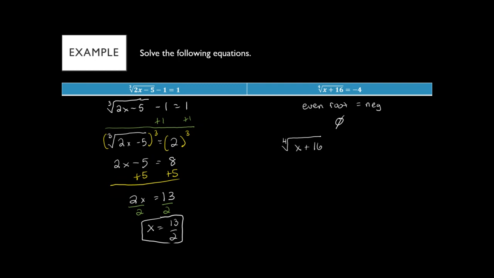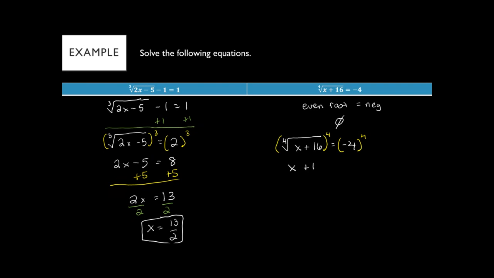So if you didn't notice that, and not everybody does, then when you start solving, you want to raise both sides to the fourth power to cancel out the fourth root.